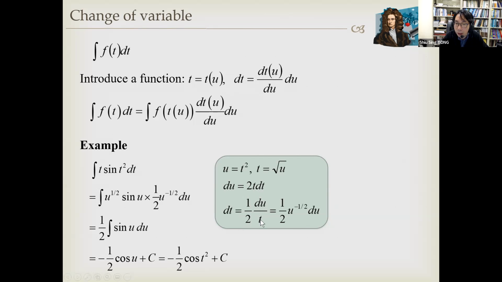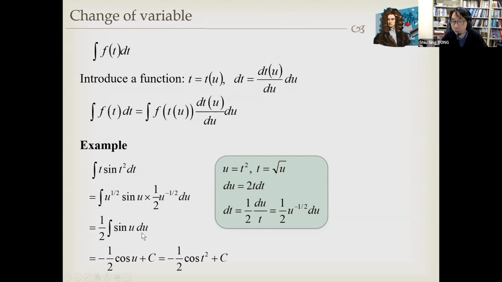So I write the t as square root of u. So it becomes 1/2 u to the power minus 1/2 du. That is dt. So I put it back here. This t is u to the power 1/2. Now you can see I'm very fortunate because u to the power 1/2 and u to the power minus 1/2 cancel each other. It becomes u to the power 0, which is 1, right?